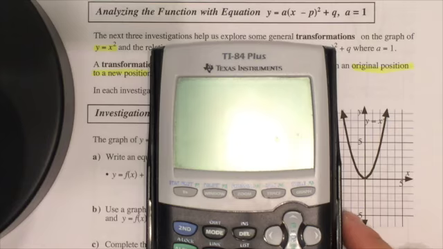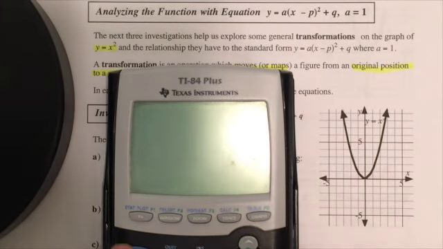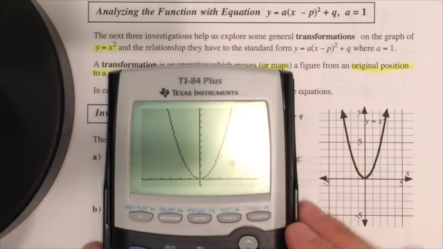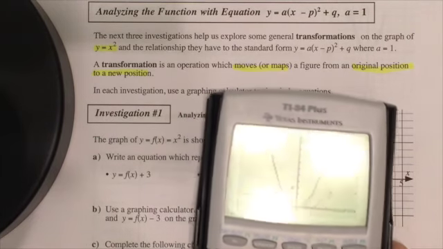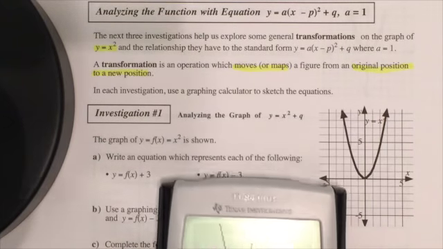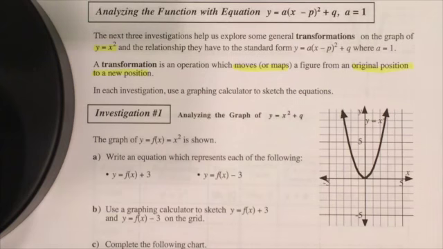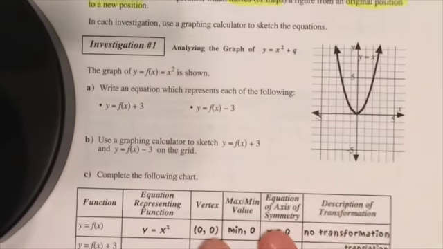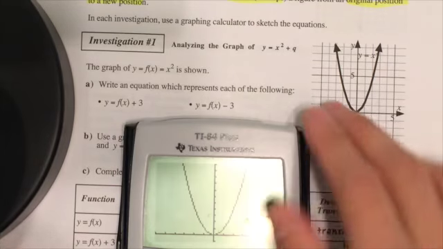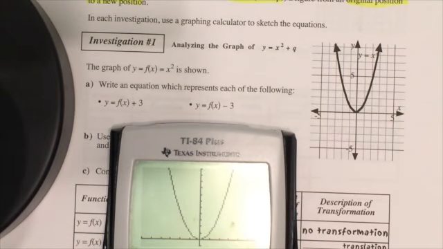So here was our original graph. This was y equals x squared, or f of x is equal to x squared. When we have a graph that looks like this, let me move this up a little bit, then we know that it's going to have a minimum point or vertex of coordinates 0 and 0.